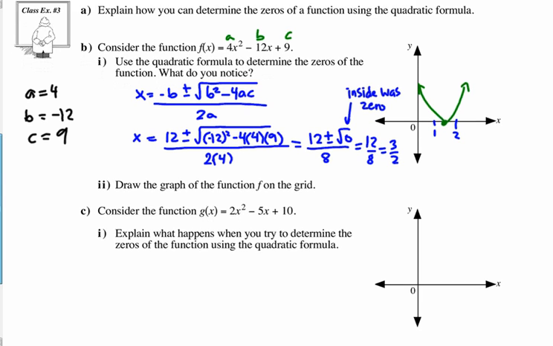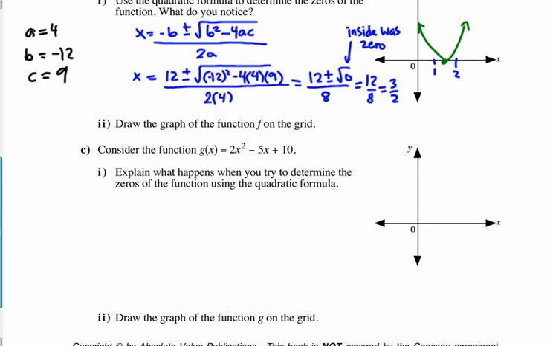So again, let's plug in the quadratic formula. What's our a value? 2. B is negative 5. C is 10. So x equals negative b plus or minus the square root of b squared minus 4ac all over 2a.